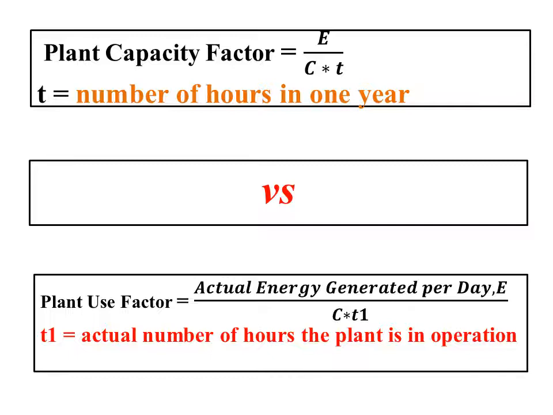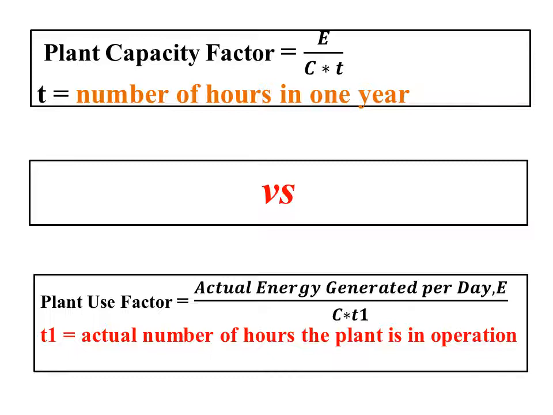How to calculate the number of hours in which the plant is in operation? For that we use the definition or formula of plant use factor. As per definition, plant use factor is actual energy generated per year divided by capacity of plant into number of hours the plant is in operation.